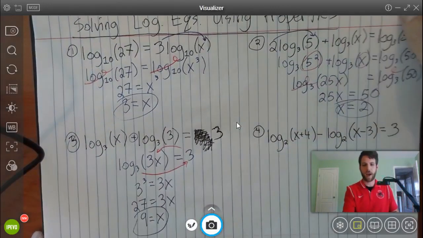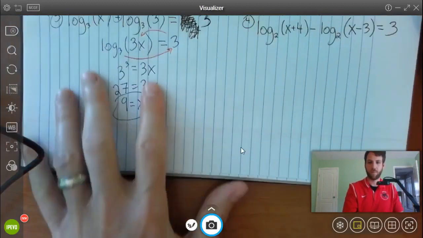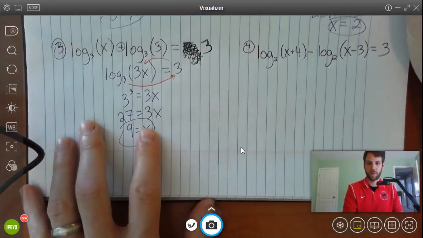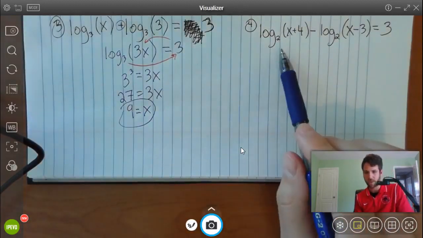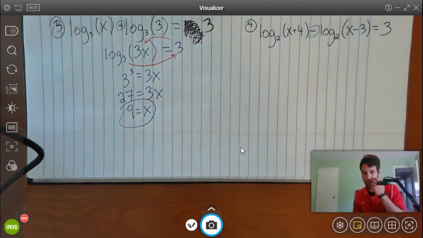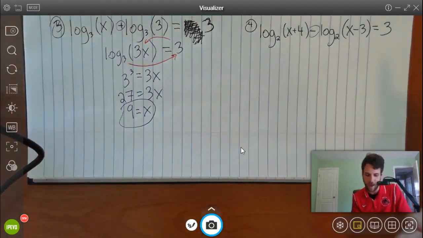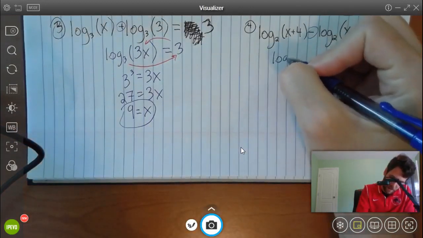That leaves our final problem here, number 4. Now we have two base 2 logarithms that we're subtracting. That's the difference. When you subtract, that means you have to put them into one logarithm and divide. So let's do that with log base 2.